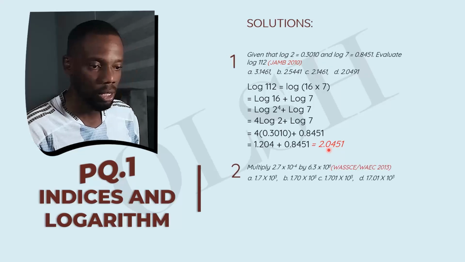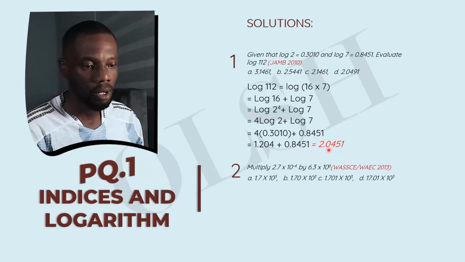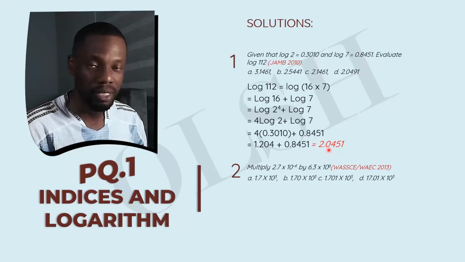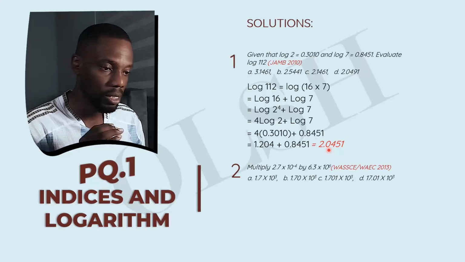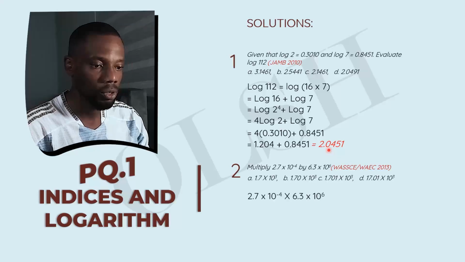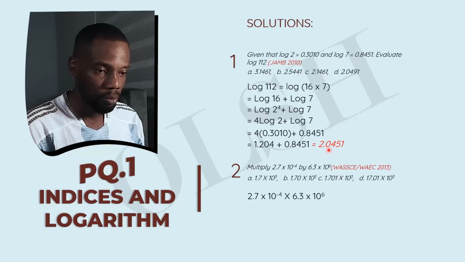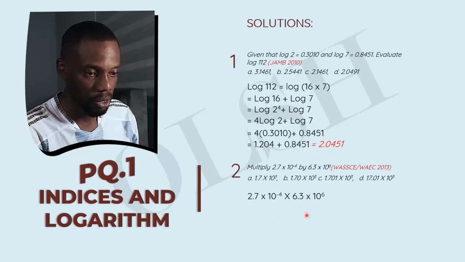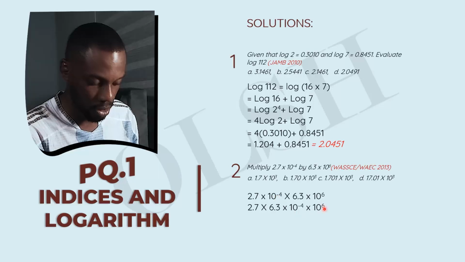So the second question is, multiply 2.7 times 10 raised to the power minus 4 by 6.3 times 10 raised to the power 6. This is a WAEC exam from 2013. If we bring down the question, we can take like terms. So we would have 2.7 times 6.3 times 10 raised to the power minus 4 times 10 raised to the power 6.